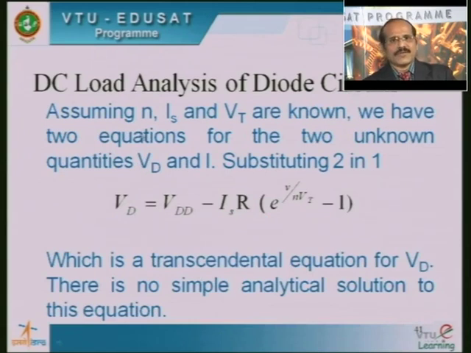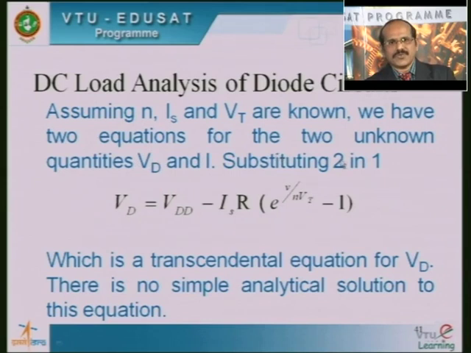So assuming n, Is and the thermal voltage are known, we have two equations for two unknown quantities, that is, one is Vd and the other is I, the current flowing through the circuit here.